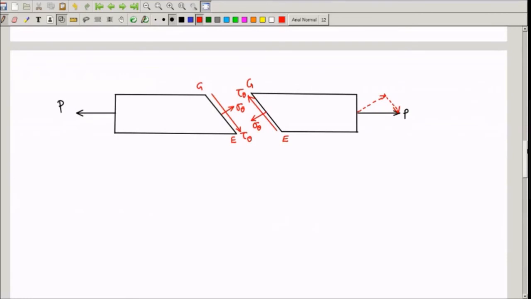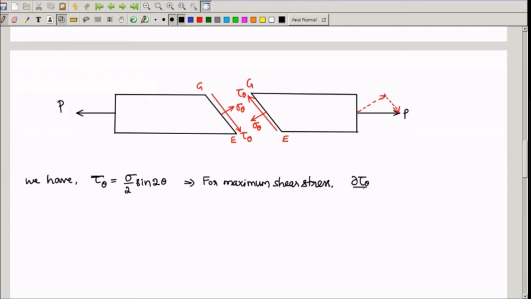So we will try to analyze the equation of shear stress. What is the equation we obtained for shear stress? Tau theta is equal to sigma by 2 sin 2 theta, which is a function of theta. If you want to find out where exactly maximum shear stress occurs, you have to differentiate this.